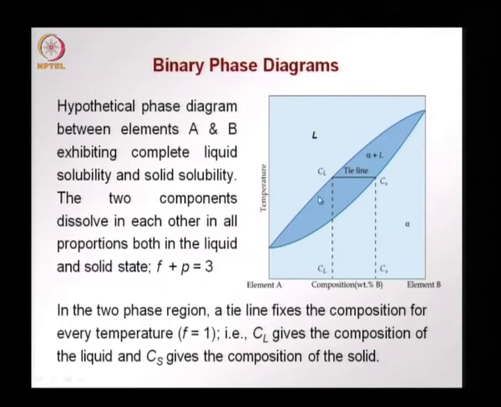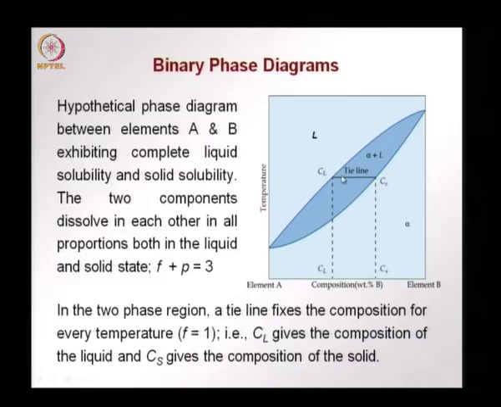So, this is the dark blue region where you have the alpha solid phase and also the liquid phase. Then we find that within this region two phases have to coexist, that is, P is equal to 2. So, according to the Gibbs phase rule, F becomes 1.